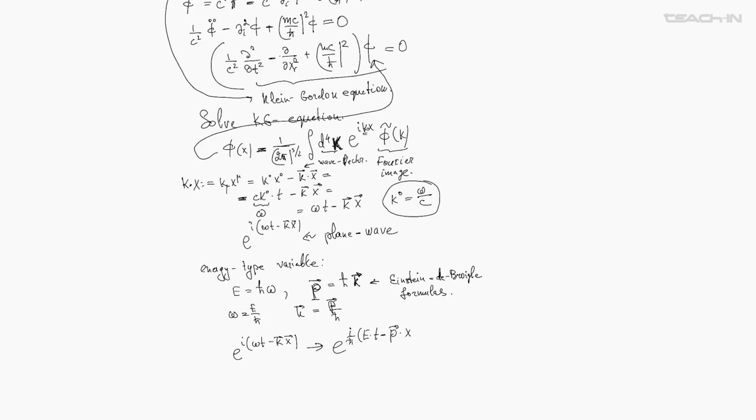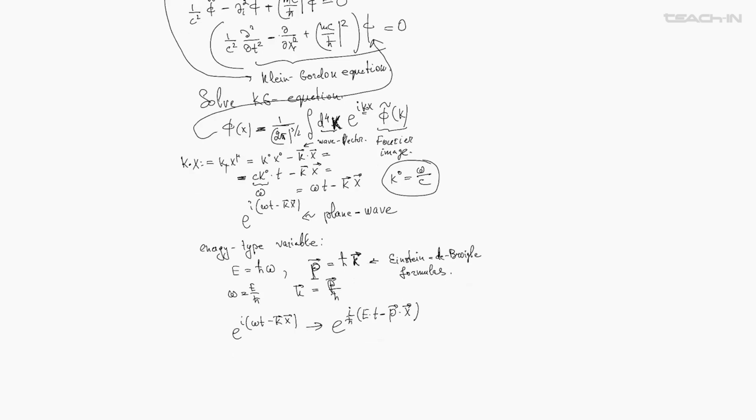In this case, when you write the field via its Fourier transform, you have to make changes in the integration measure. So you will be integrating over the variable E and over the momentum p.